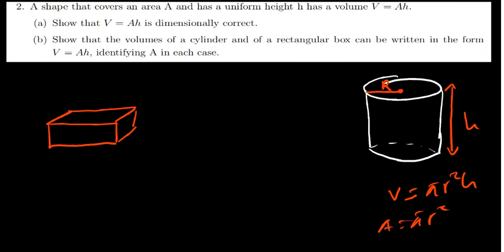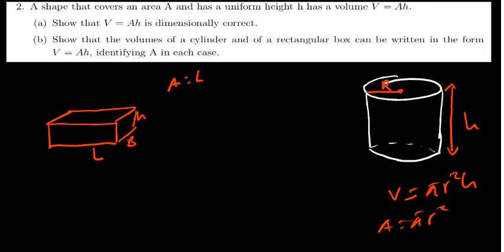How can I draw it? So we're going to have length, breadth, height. How do we calculate the volume? Or before we do that, how do we calculate the area of the rectangle?